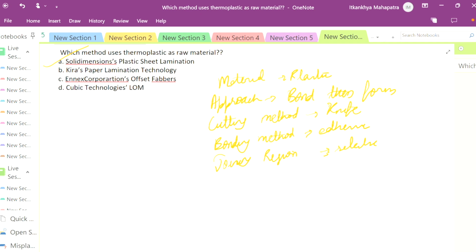The others have paper as raw material. The only exception here is solid dimension plastic sheet lamination, which uses thermoplastic as raw material, and the sheets are transparent in nature.